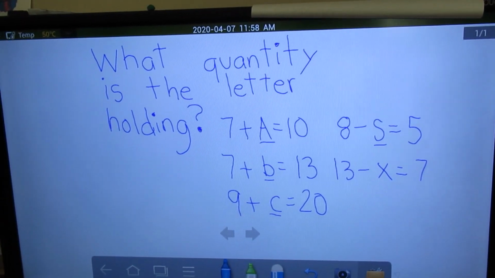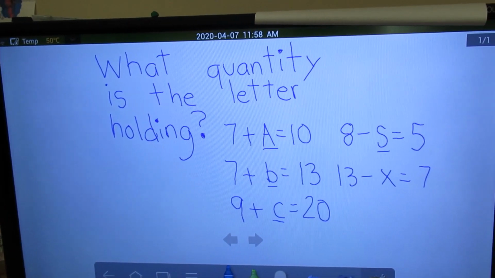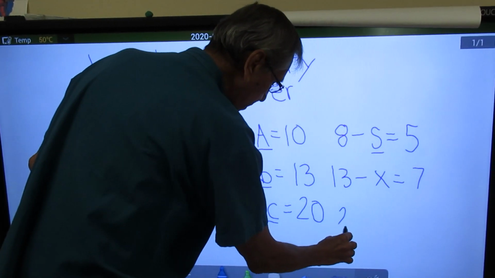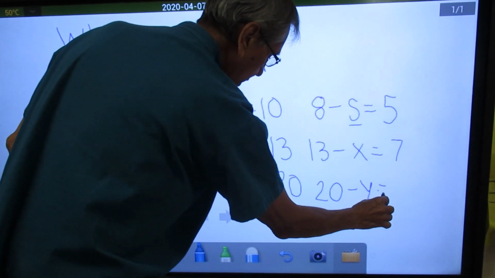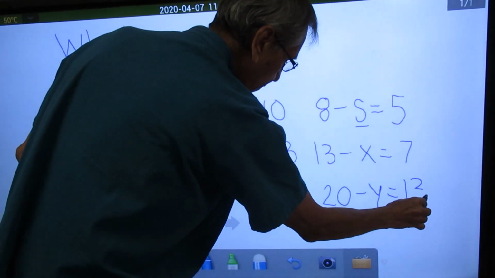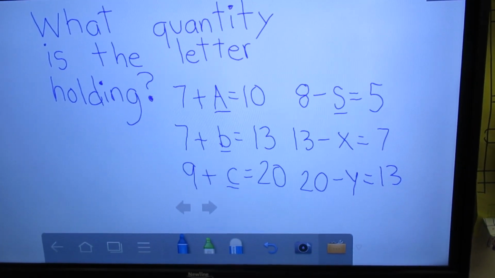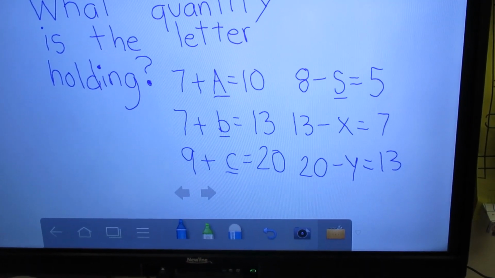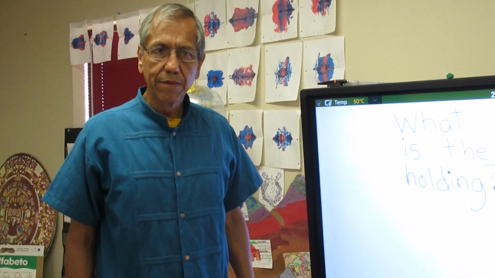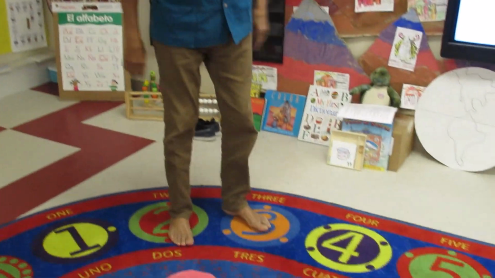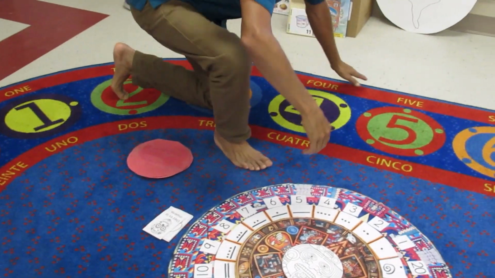What quantity is the letter holding? Or you can put 20 subtract Y equals 13. What number is the letter holding? That's just a little game that you can make up on your own to practice the math that we have done this week. All right, let's sit down and close with our exercise.